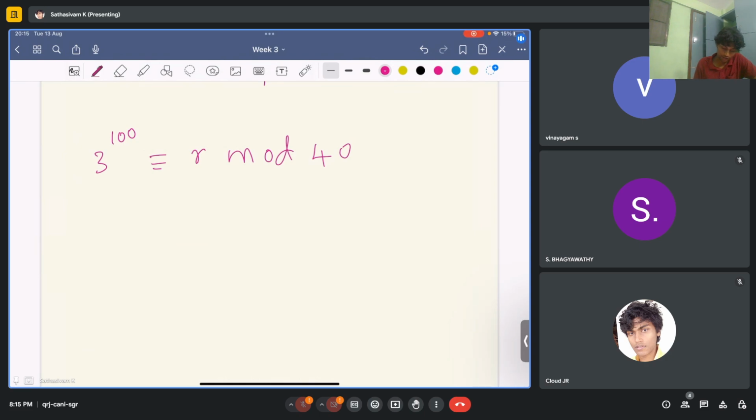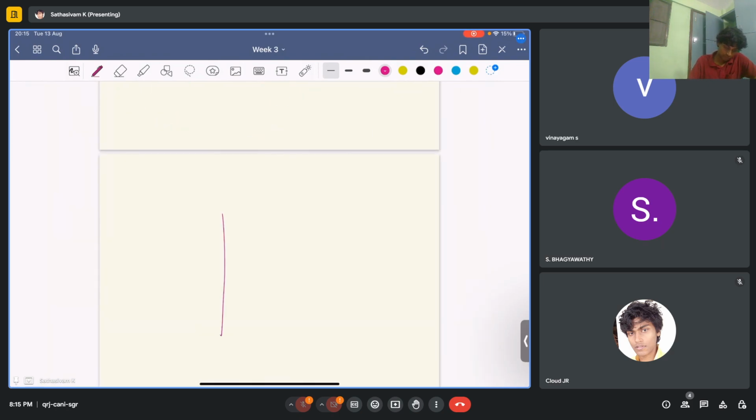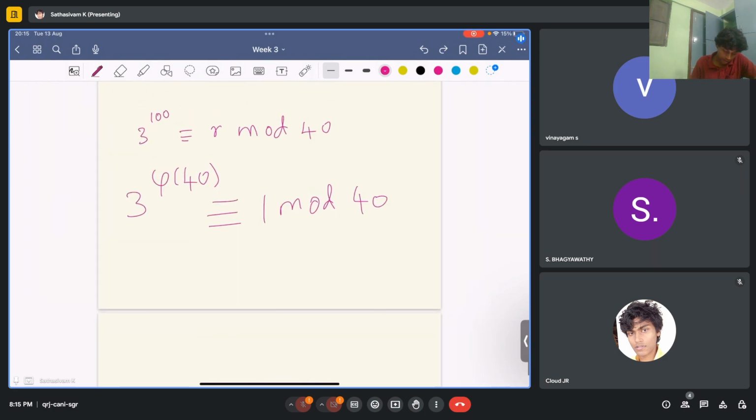So let's do the same thing again. What we know is the following: 3 power phi of 40 is congruent to 1 mod 40, right? This we know. So let's compute what is phi of 40.